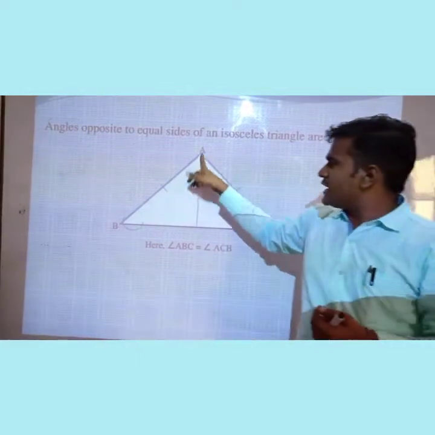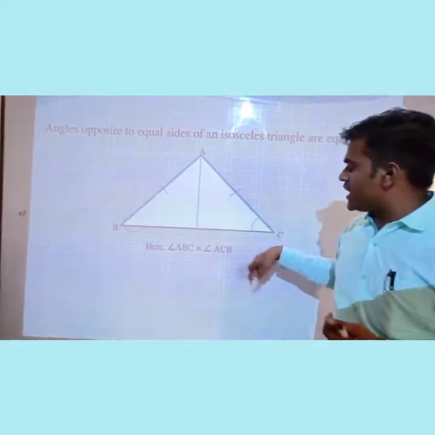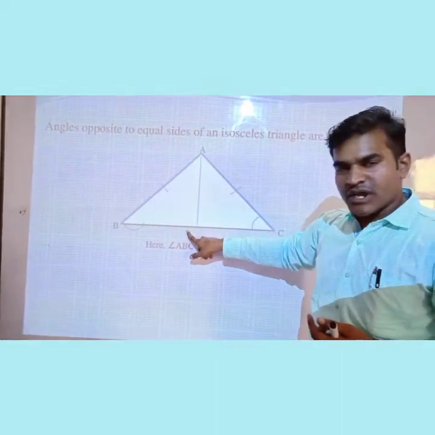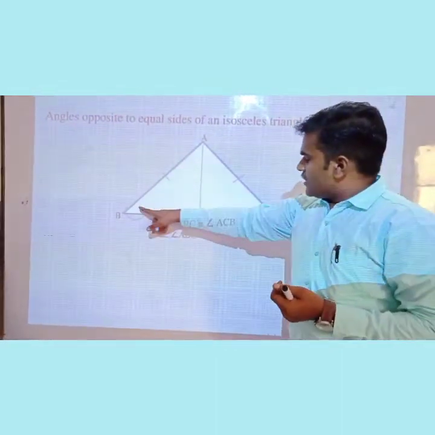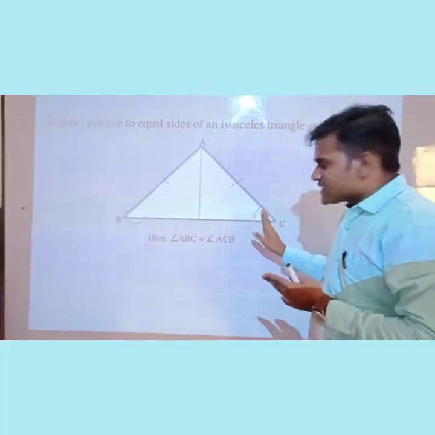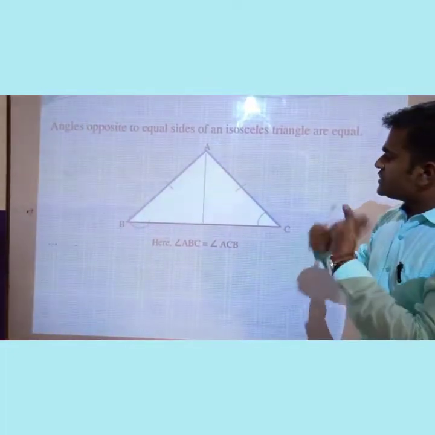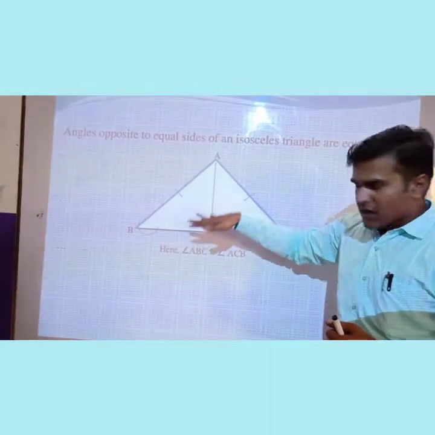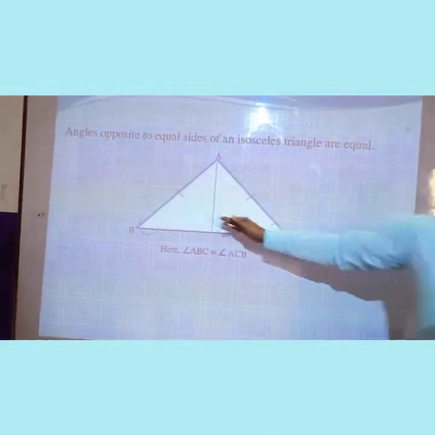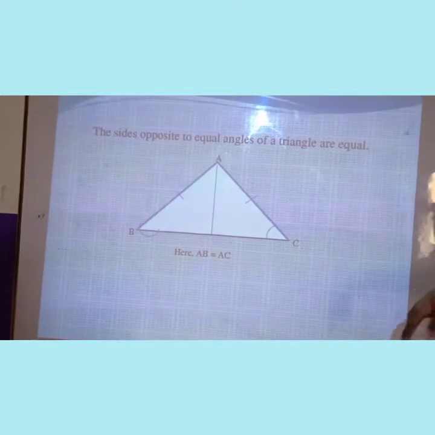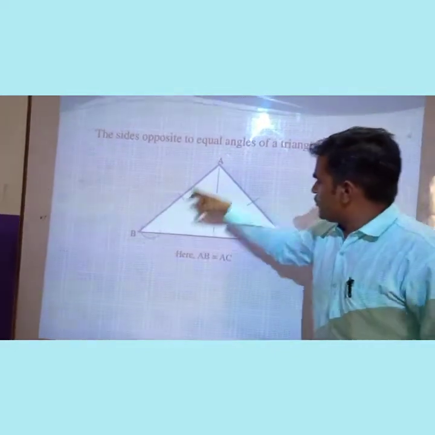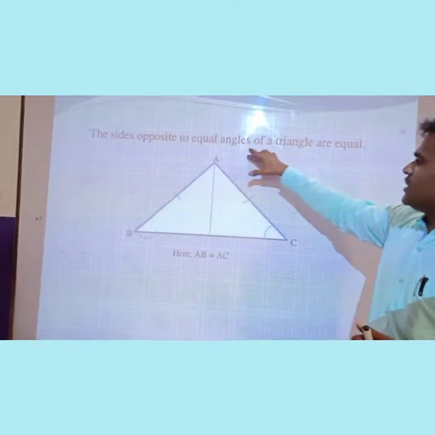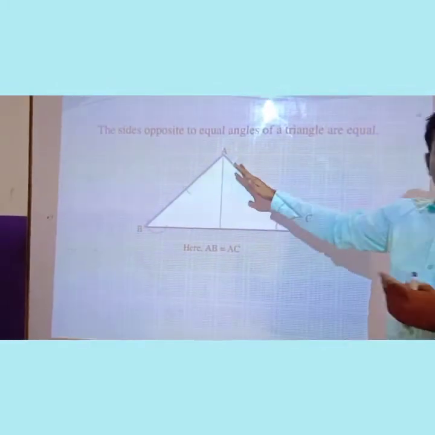So here angle ABC is equal to angle ACB. And if two angles of a triangle are equal, then the sides opposite to them are also equal, so side AB is equal to side AC.